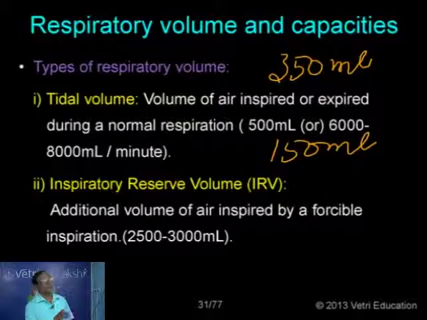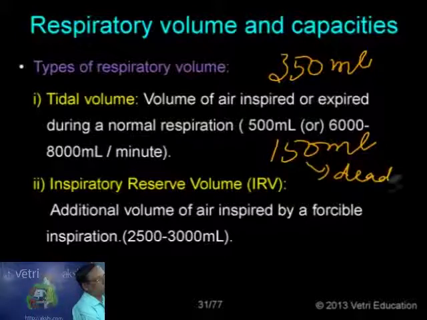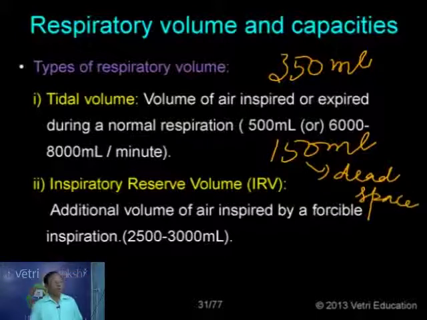It occupies the respiratory passages like the trachea, bronchi, bronchioles, etc. This 150 ml of air, which is not taking part in gases exchange, is called dead space. So what is dead space? The volume of air that is not taking part in gases exchange is called dead space. It is about 150 ml. So out of 500, only 350 ml enters.